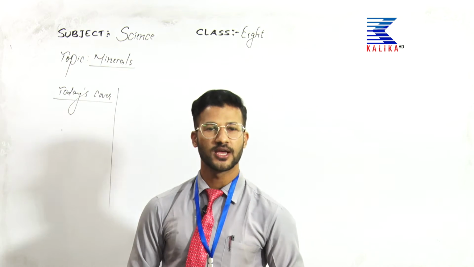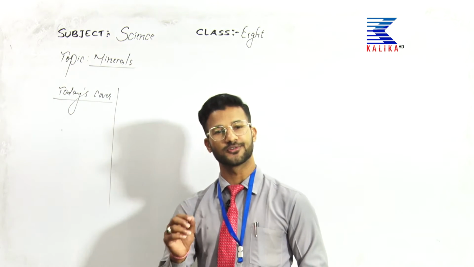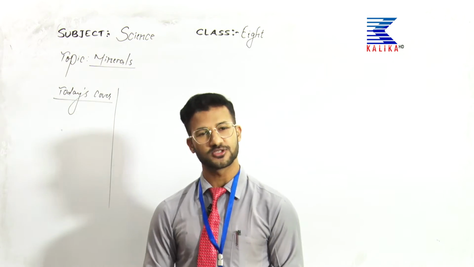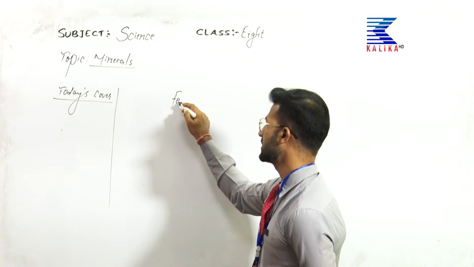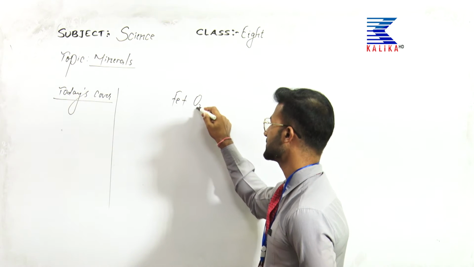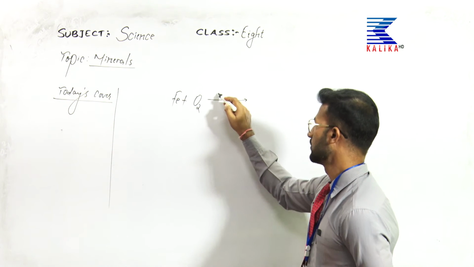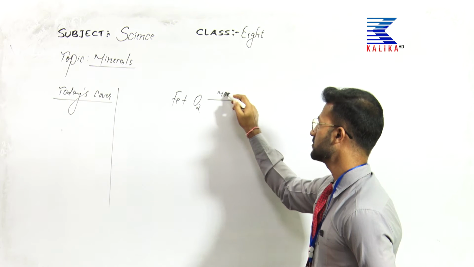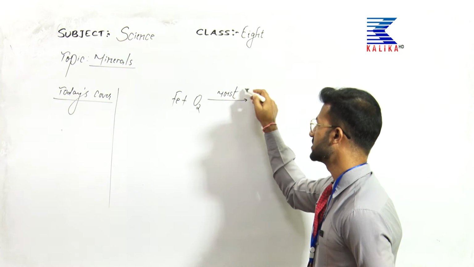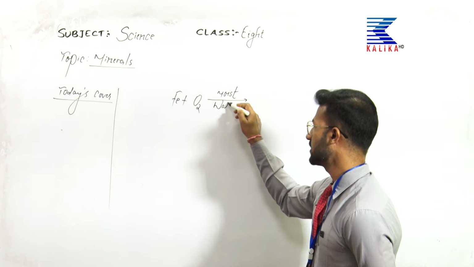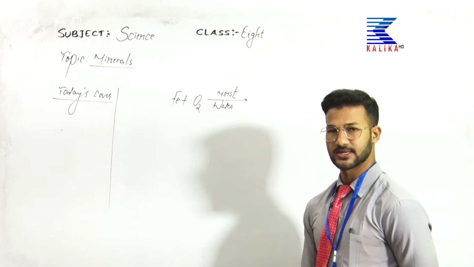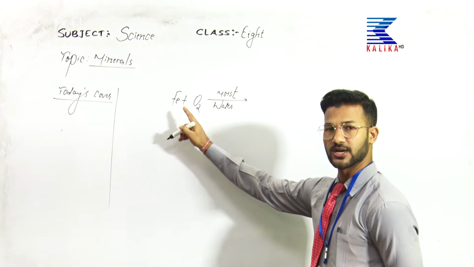You must know iron undergoes rusting when it is exposed to a moist environment. Okay, let me show that process. Whenever iron is exposed to a moist environment, meaning when there is high humidity, the presence of water vapor or water drops, then it undergoes the rusting process.